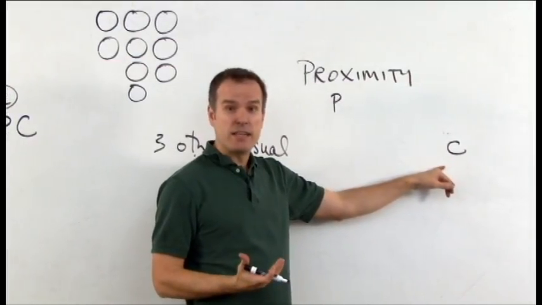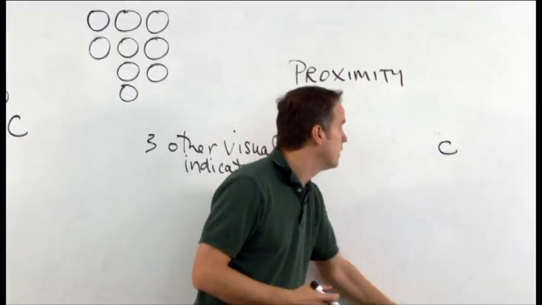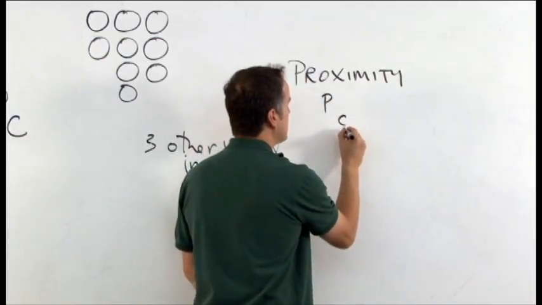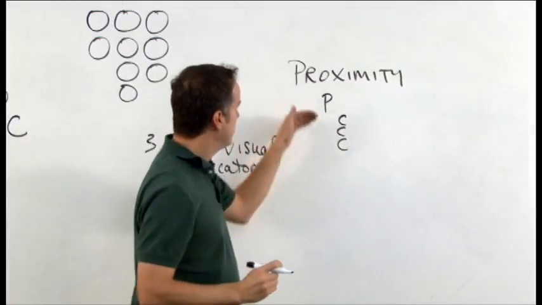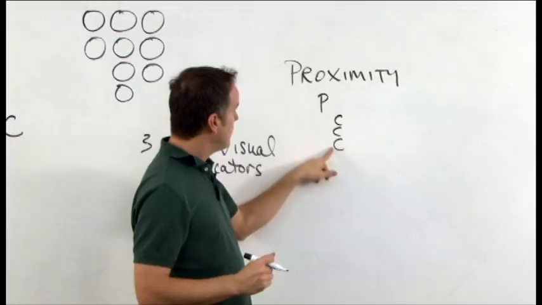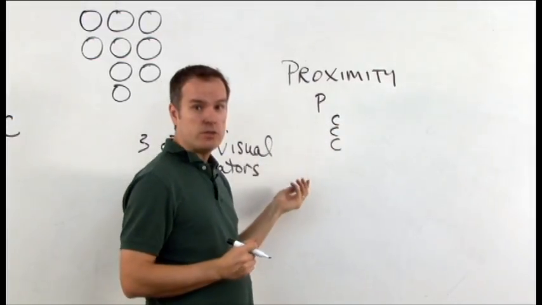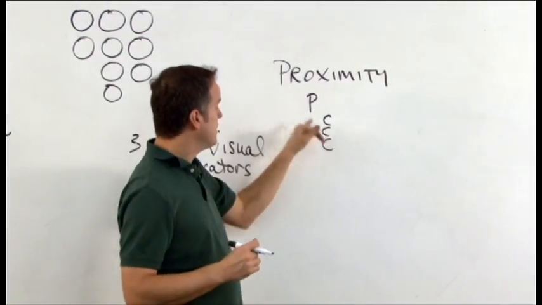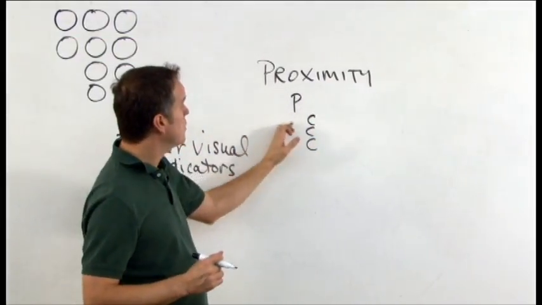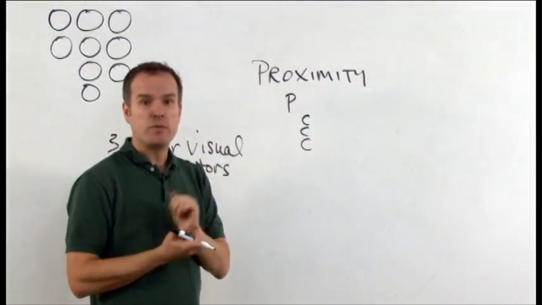We want them as close together as reasonably possible. If we do something like this, incorporating left, right, and top down, we want these child elements reasonably close so that we get that sense of this is a hierarchy, these elements are connected to this element. So proximity is one way visually that we can ensure people get a sense of hierarchy.